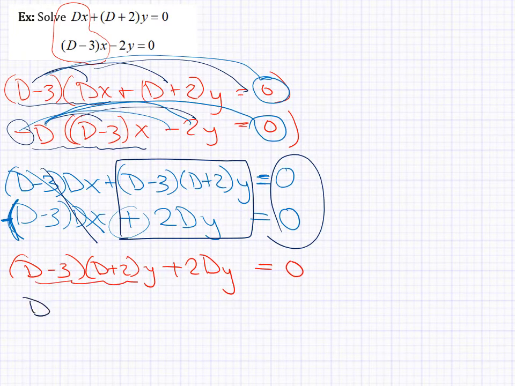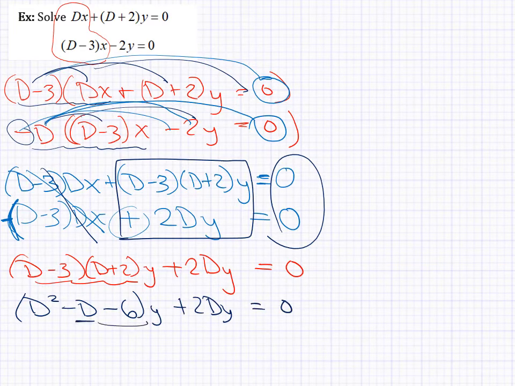So I would have D squared minus D minus 6 y plus 2 Dy equals 0. So I combine this minus Dy and this 2 Dy, and I would have D squared plus D y minus 6y equals 0. And so this is the equation now I have to solve.